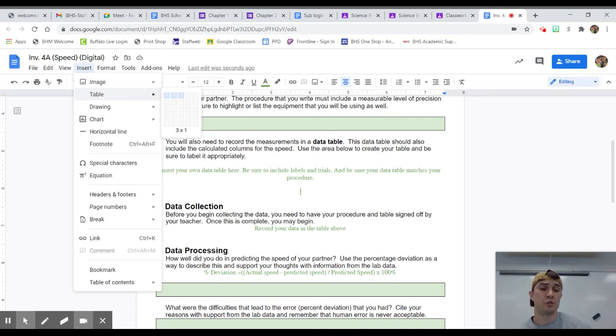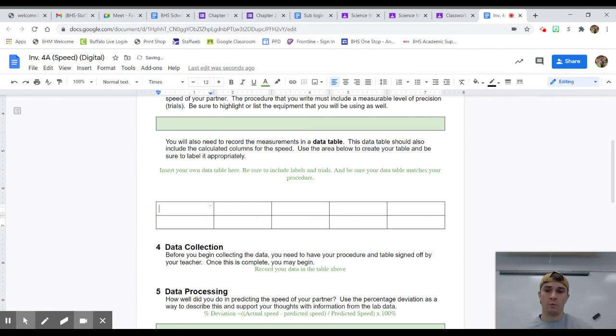If my procedure calls for me to do 5 trials, then I need to make sure that my data table matches that. If I were to do a data table, let's say I'm going to do 3 trials.